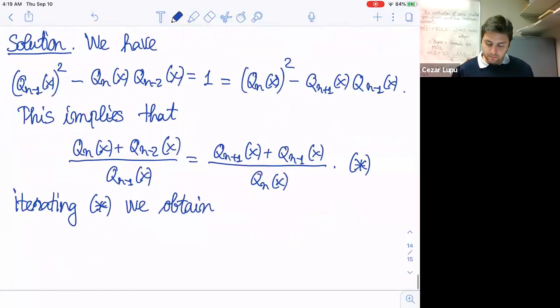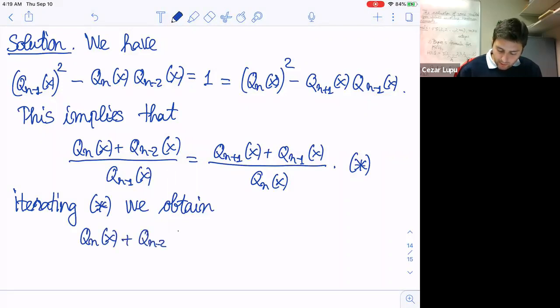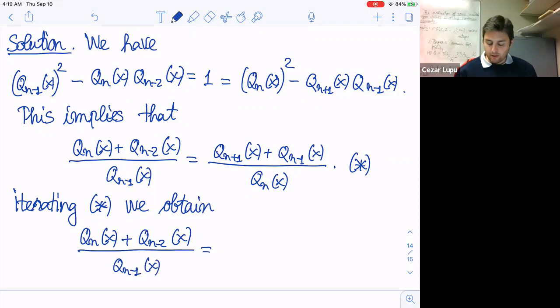Well, at some point we will have that Qn of x plus Q(n minus 2) of x over Q(n minus 1) of x will be nothing else than, for n equals 1, Q2 of x plus Q0 of x over Q1 of x.